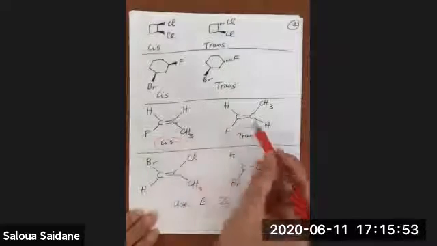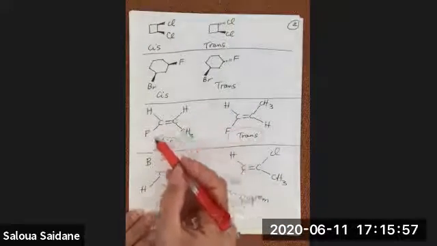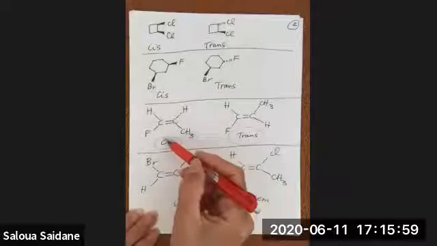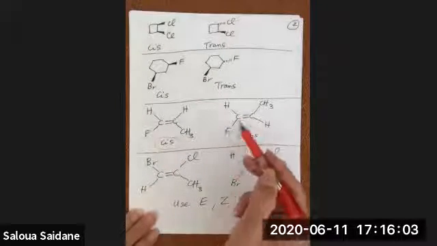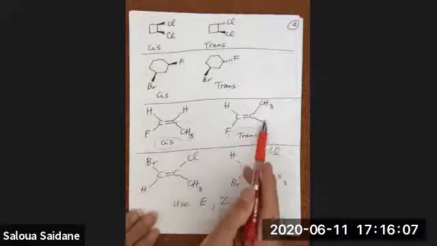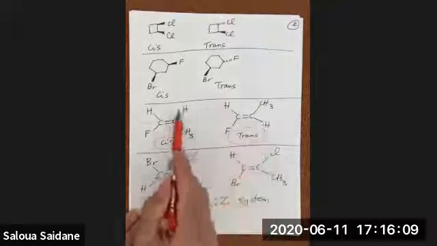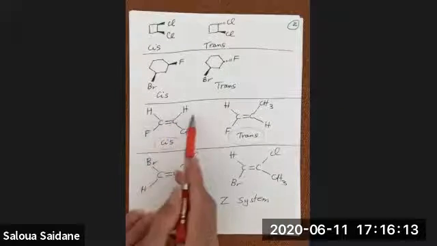So when do I use cis-trans? When I have H's. If the H is on one side and the other substituents are on the other side, that's a cis. If your H's are on opposite sides, it means your substituents are on opposite sides, so that's a trans. So cis-trans applies when you have the same substituent on both carbons. So it could be H's, or I can put CH3 here, CH3 here.